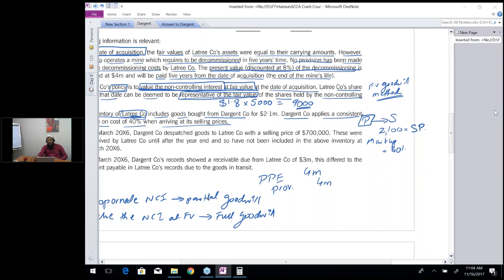So now we need to calculate the unrealized profit in this, and already a lot of right answers I've got. Simran, this is the selling price charged by the parent to the subsidiary.